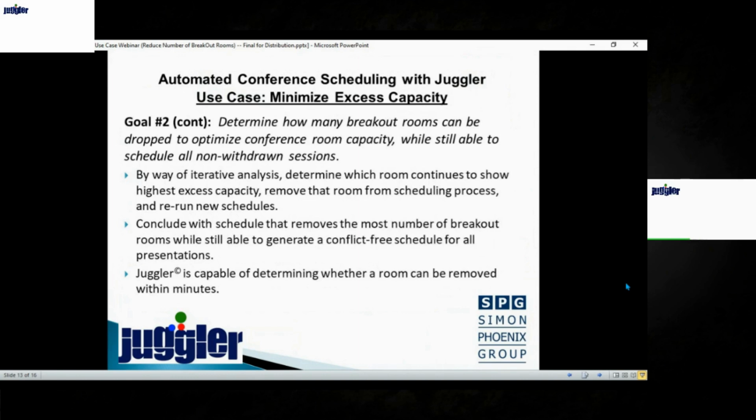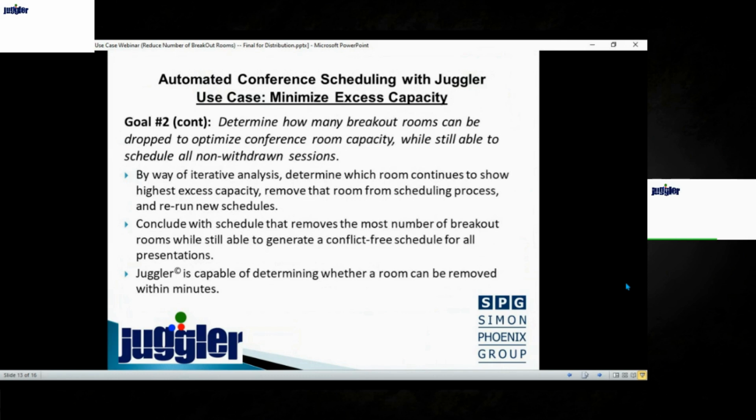So the conclusion of this exercise is to stick with the schedule that removes the most number of breakout rooms while still being able to generate a conflict-free schedule for all presentations.